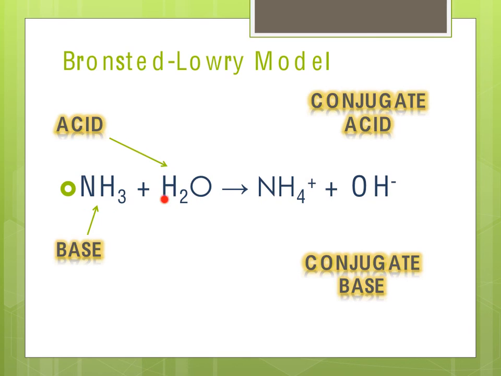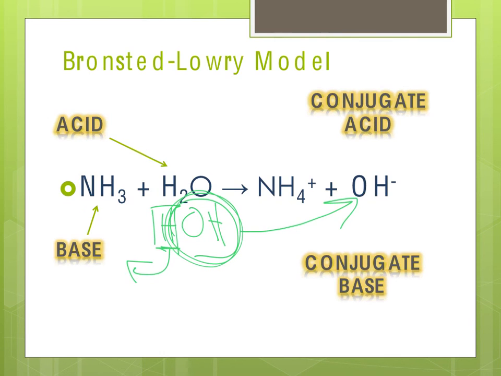So let's look at the acid. We know that H2O is our acid. We've already discussed that. It's HOH, and so it donates its hydrogen. It's going to donate that hydrogen, and it's going to leave us with OH minus. That's this. Now, when the acid donates its hydrogen, what you're left with is the conjugate base.